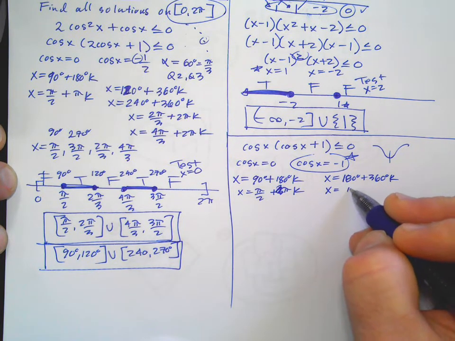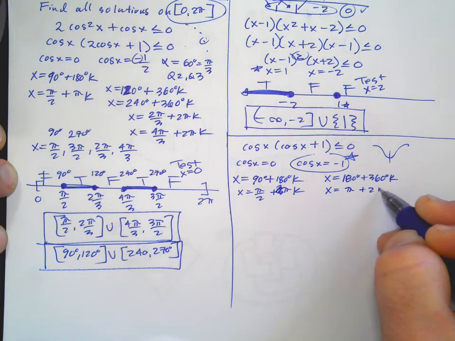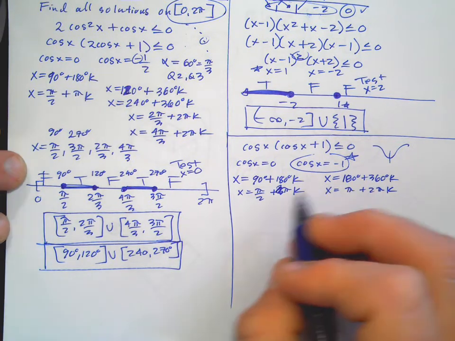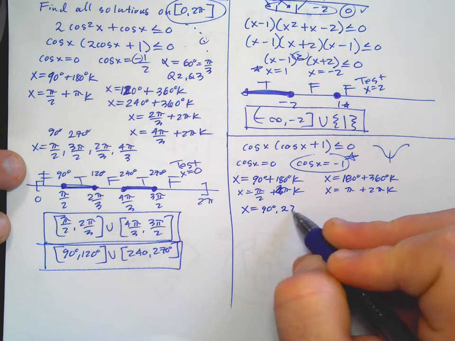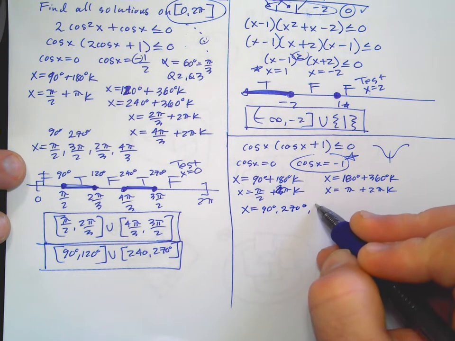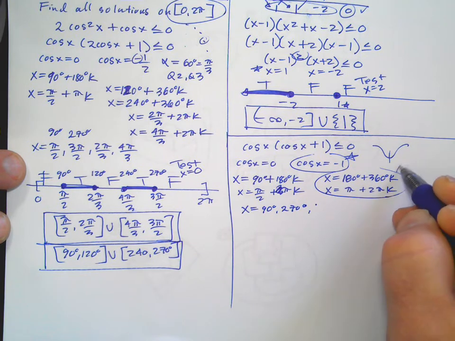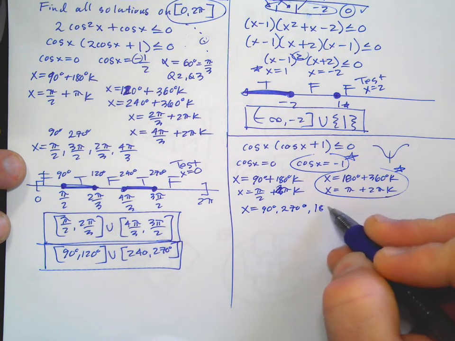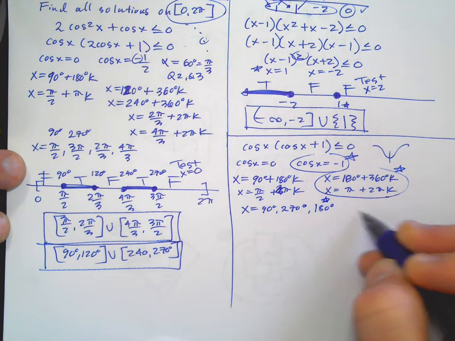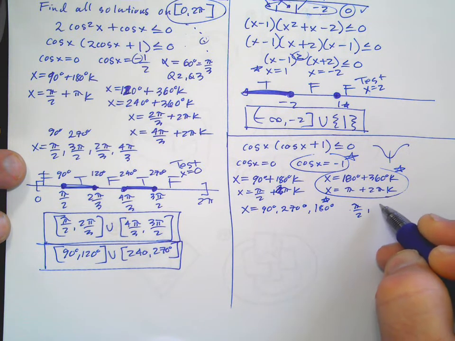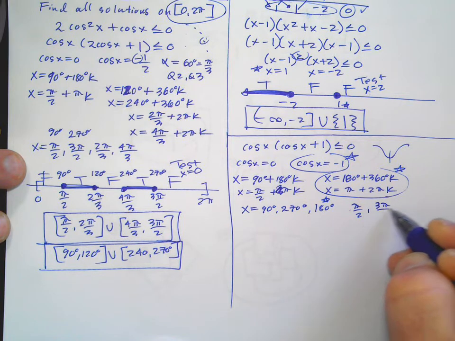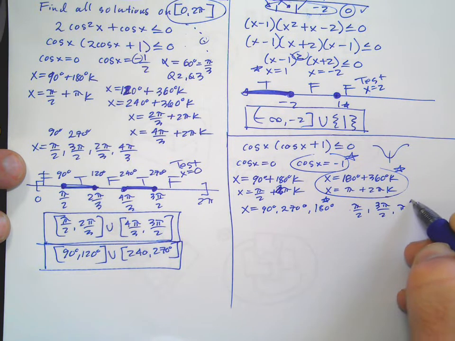Or pi plus 2 pi k. So we have 90 degrees, 270 degrees. These guys are going to be these stars. So 180. Okay, or in radians, it'd be pi over 2, 3 pi over 2, pi.